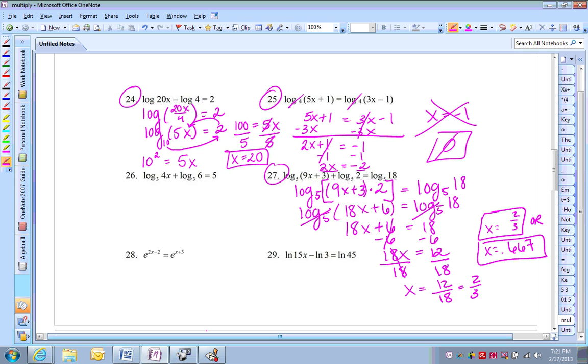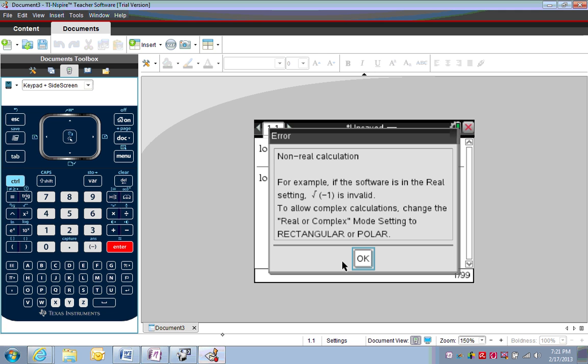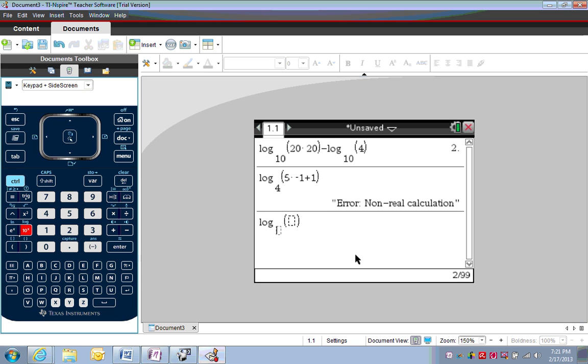In my calculator, I'm going to type in log base 5 of 9 times 0.667 plus 3. And when I hit enter there, that gives me a valid number, and that's the only spot where I see x, so we're good to go. We can go ahead and accept 2/3 as our answer.